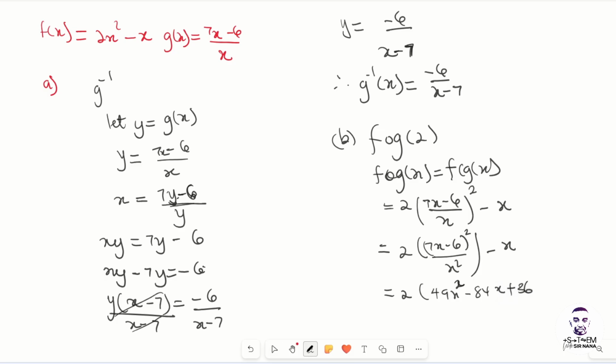That is the numerator part, all over x, minus the expression x.